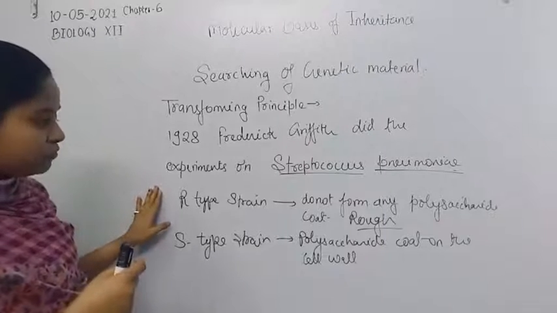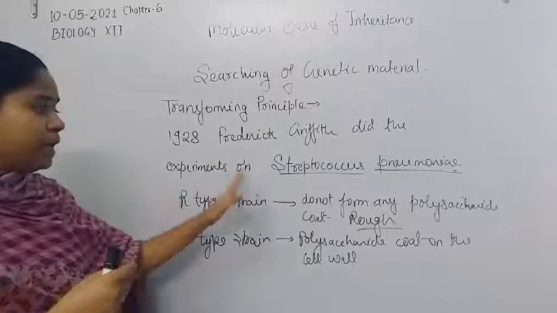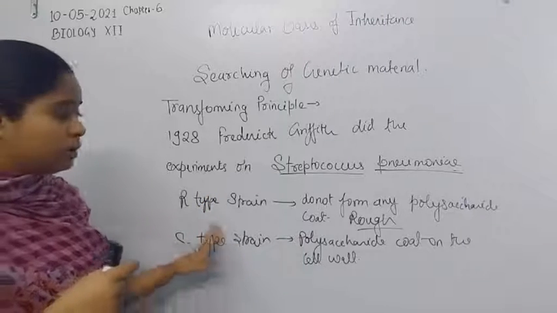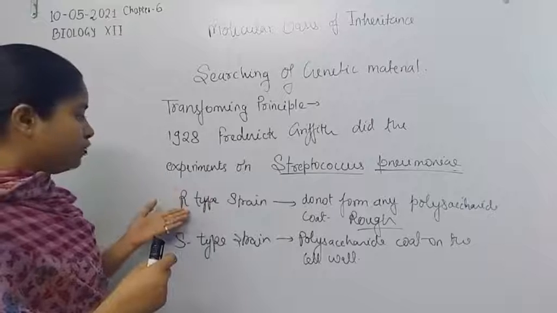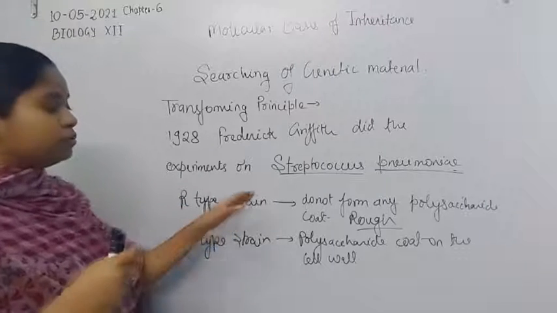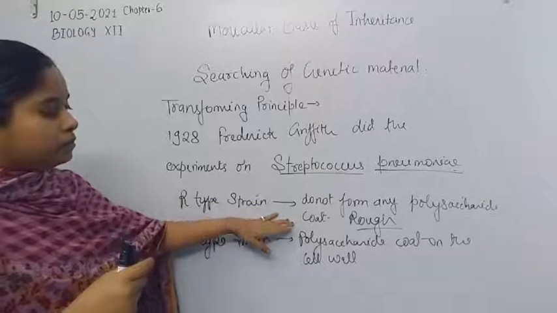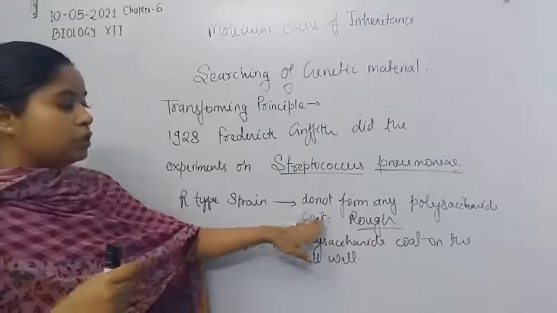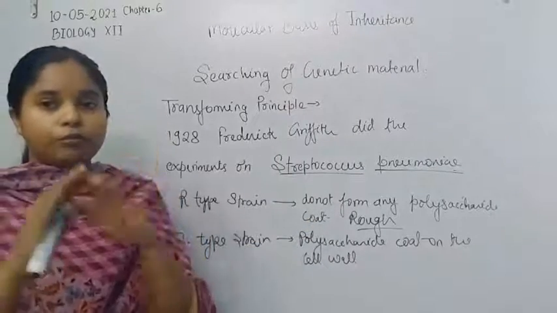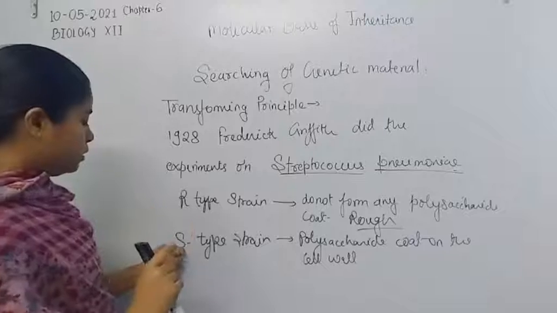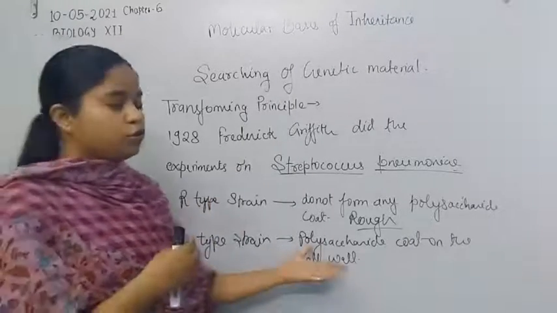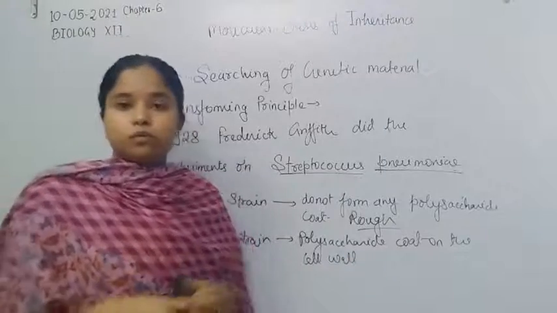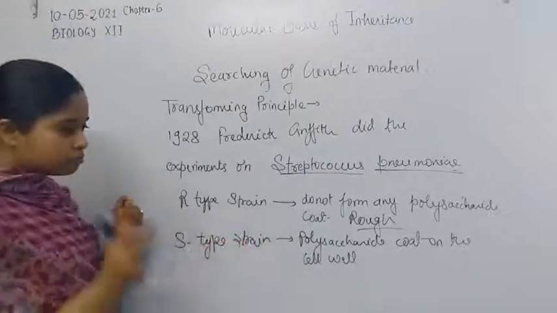So when he was doing the experiment on Streptococcus pneumoniae, he observed there are two types of strain. The R type is not able to synthesize the mucopolysaccharide over the cell wall, while the smooth type bacteria are able to synthesize it, so they look smooth in texture.